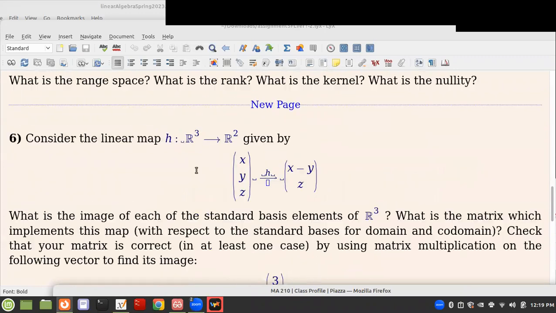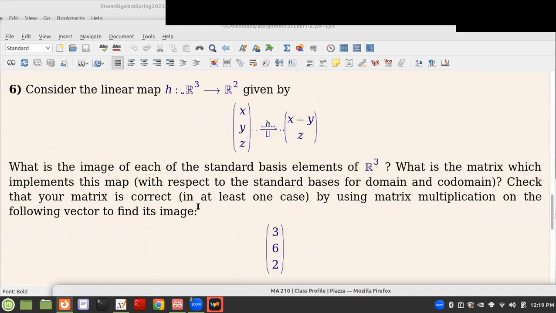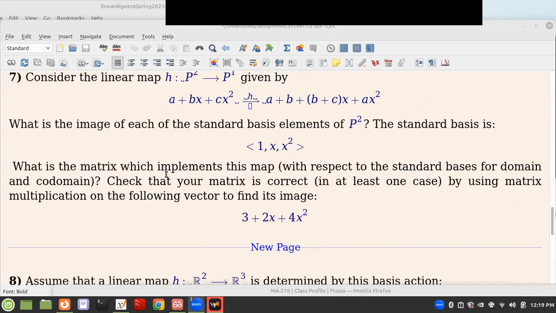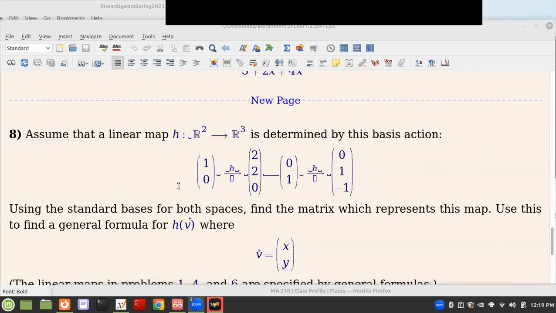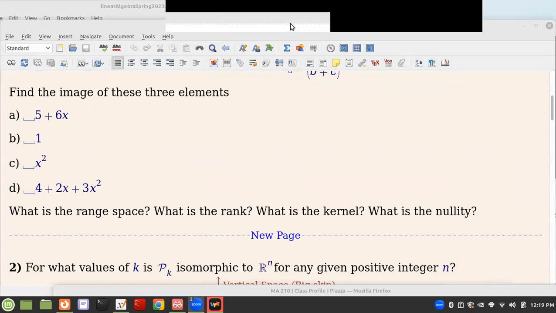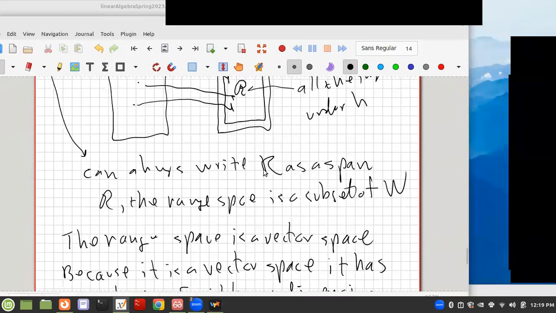What's the rank? Here's a linear map from this vector space to R. What's the range space of the map? Later on we're going to bring in matrices, but there are all kinds of problems here finding the range space and the rank. So this shows you how to do half of those kinds of problems. Okay.